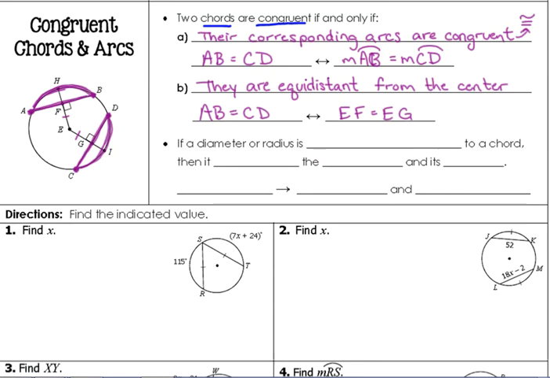All right, the second thing that we can use with this: if a diameter or a radius is perpendicular to a chord, which we have in this diagram, those radii form right angles with the chords, then it bisects the chord and its arc.